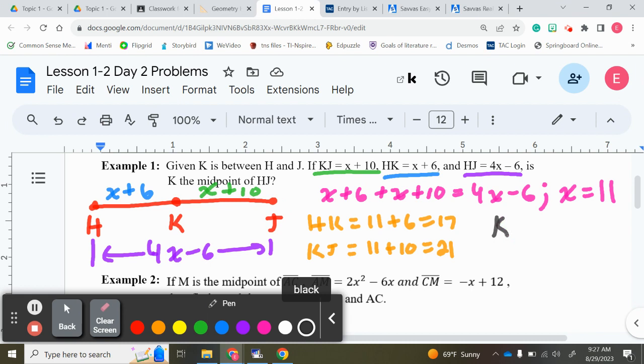So K is not a midpoint. Questions on this? Anything I can address before we move on to example 2? Ready to move along? Okay.